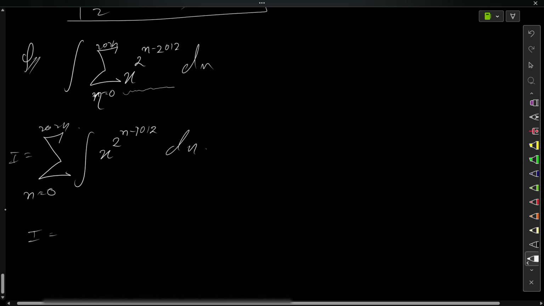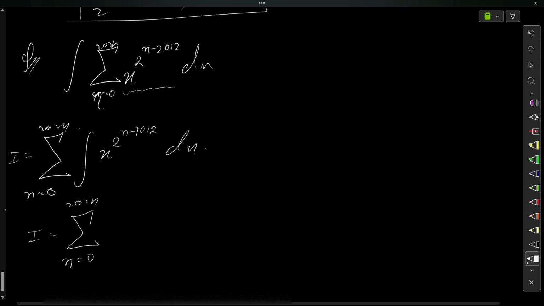So I could be written as sigma n equal to 0 to 2024. This question is totally of observation.